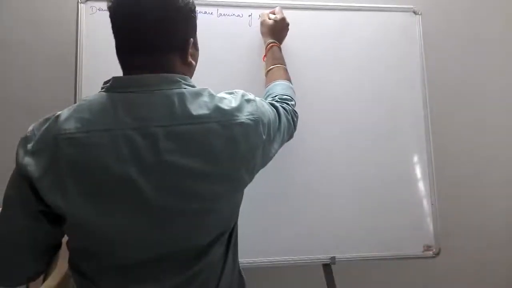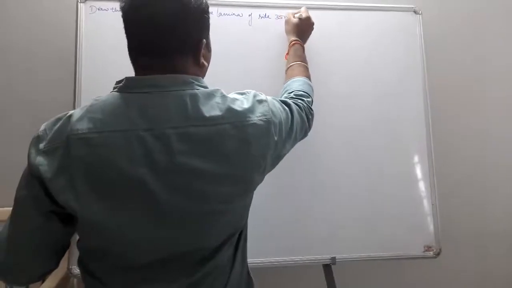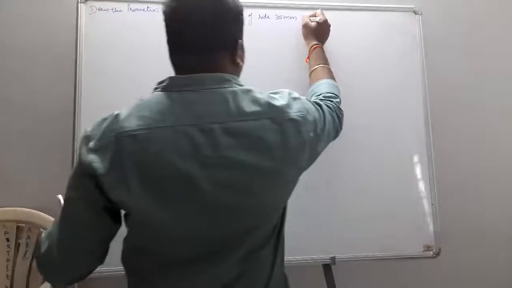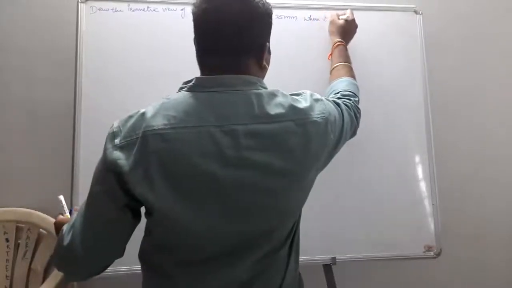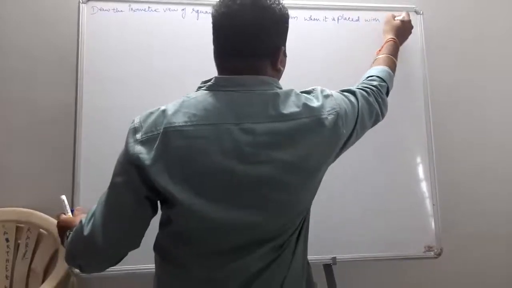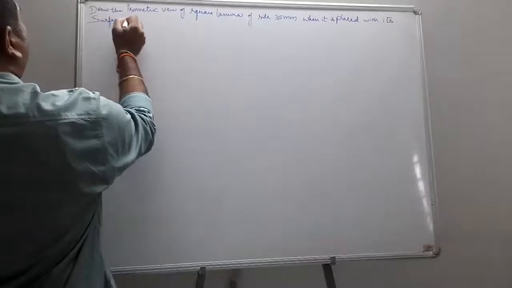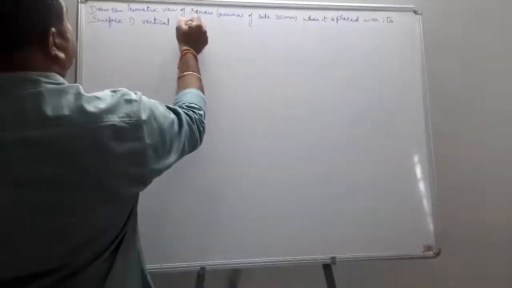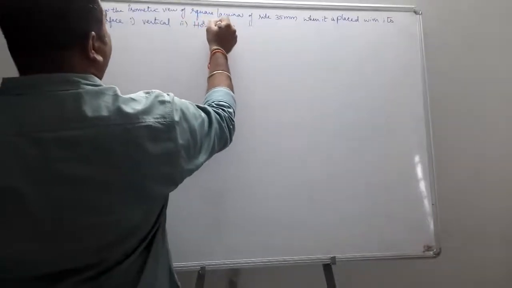Lamina or plane means the same. Square lamina of side 35 mm, when it is placed with its surface, first vertical, second horizontal.